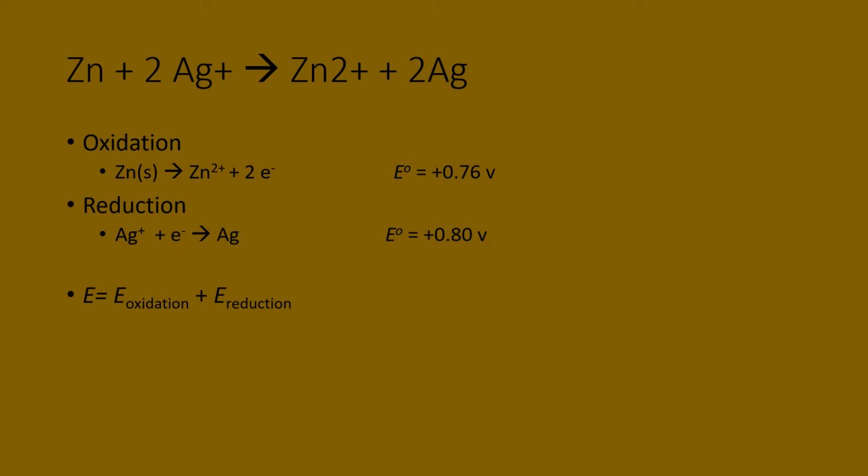So zinc plus 2 electrons has a voltage of 0.76. The silver gaining electrons has a reduction potential of 0.8. So to find out the potential for the overall equation, we add the two numbers together.